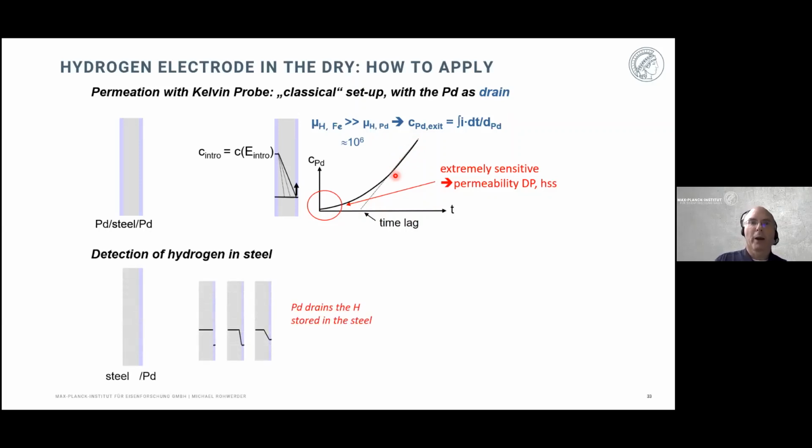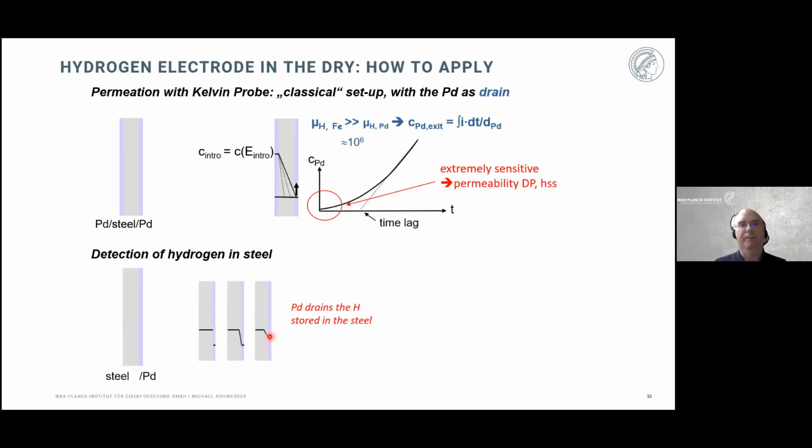Likewise, we can use this technique and take a steel sample which contains some hydrogen, and we evaporate a palladium film on top. And now the hydrogen enters the palladium layer. So we can measure hydrogen diffusion from the steel, for example, or the aluminum alloy. And that means the chemical potential in the palladium, or the concentration, goes slowly upwards.